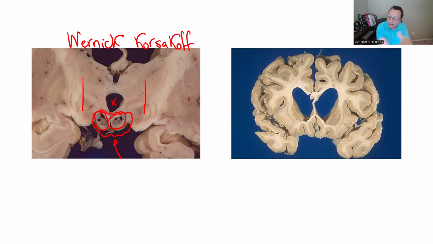The patient is ataxic, and he shows classic confabulations. What kind of confabulations? Confabulation means that there are memory gaps, and for some reason, this patient starts filling these memory gaps with things that never happened. He's just making up events that never happened. This is what we call confabulations.